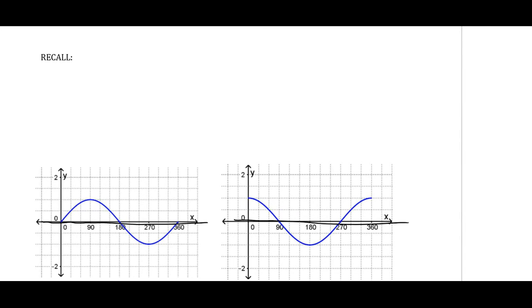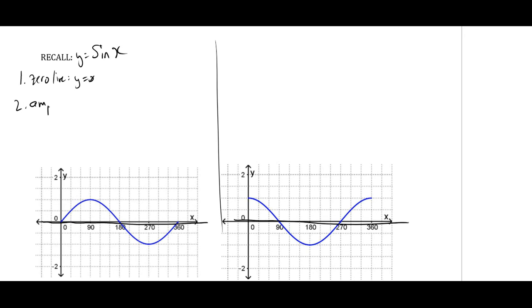Okay, so if we want to think about sine and cosine, on this side we have sine. Y equals sine of theta, or sine x in this case. So here are the 5 key questions. The 0 line is y equals 0.